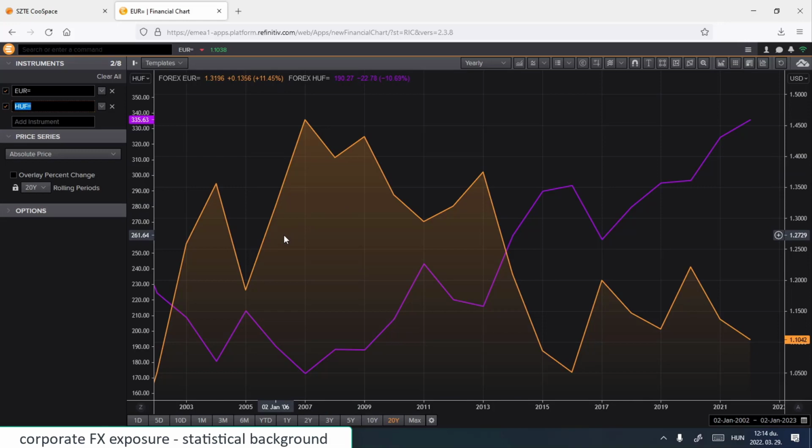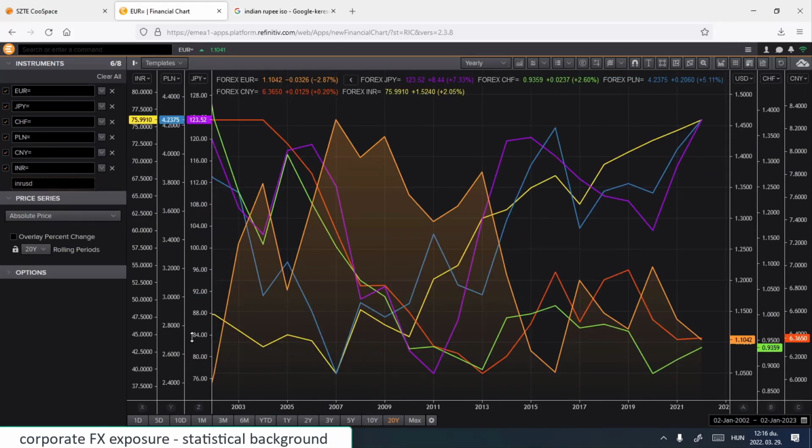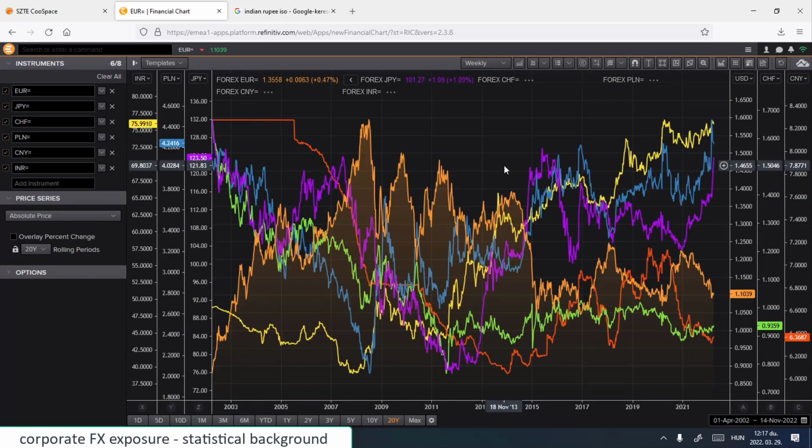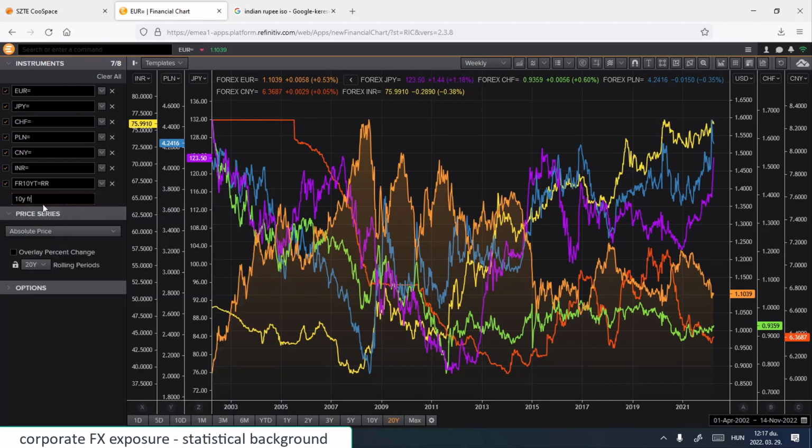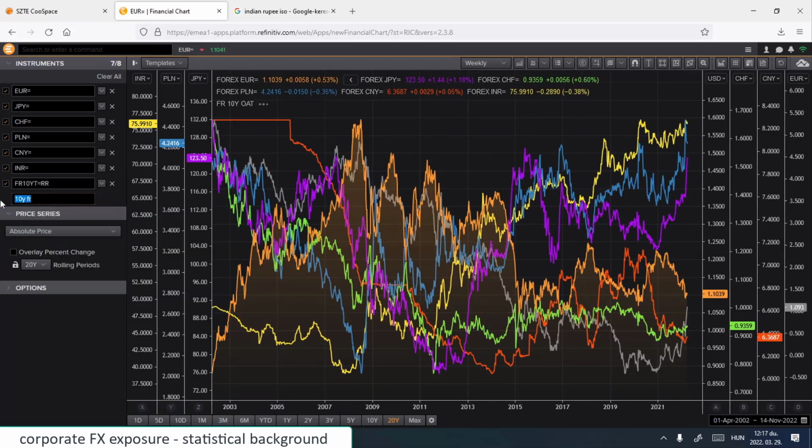So let's see. Now we have different currency pairs. Let's use weekly data because it's easier. We don't have missing data because of different national holidays and issues with that. We are operating in France, so French government bond benchmarks, and also for the US.